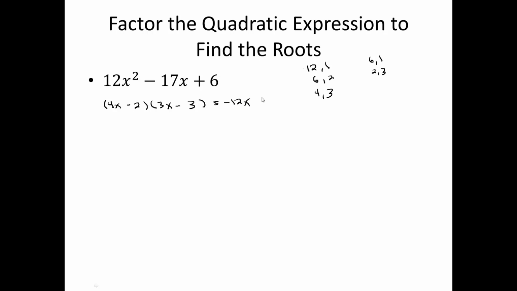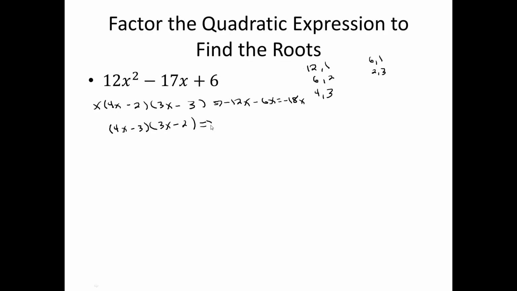And negative 2 times 3 is negative 6x. That will give us negative 18x. That was close, but we need negative 17. So that didn't work. Well, let's use that same 4x. Let's swap the negative 3 and negative 2 around. So let's place the negative 3 here, and then 3x minus 2.